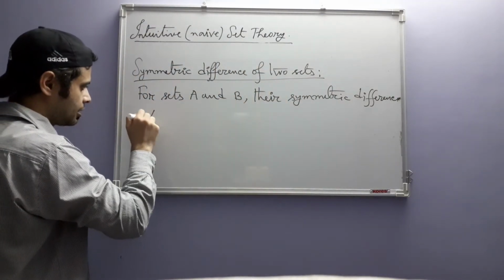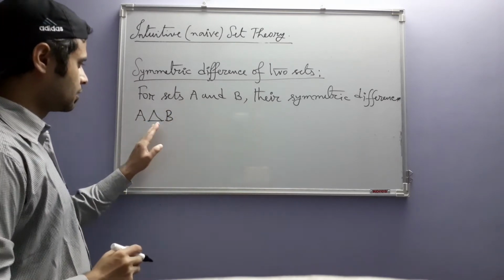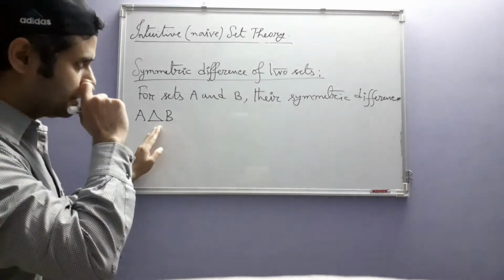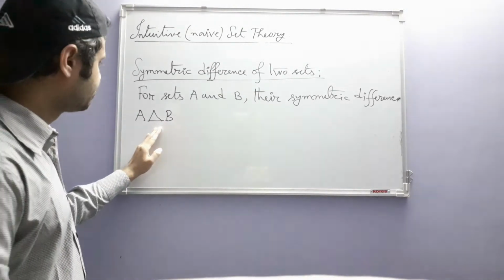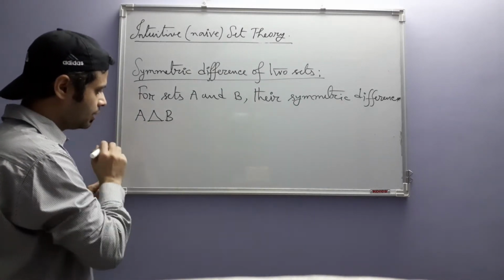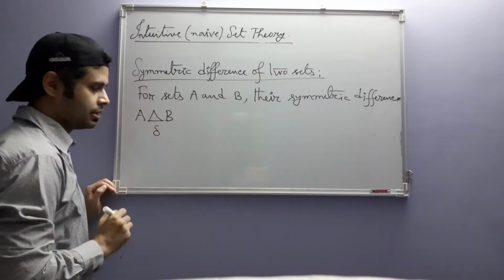A delta B. This is the Greek capital delta. Just like we have English alphabet, we have Greek alphabets. So in Greek, this is capital delta and this is small delta.